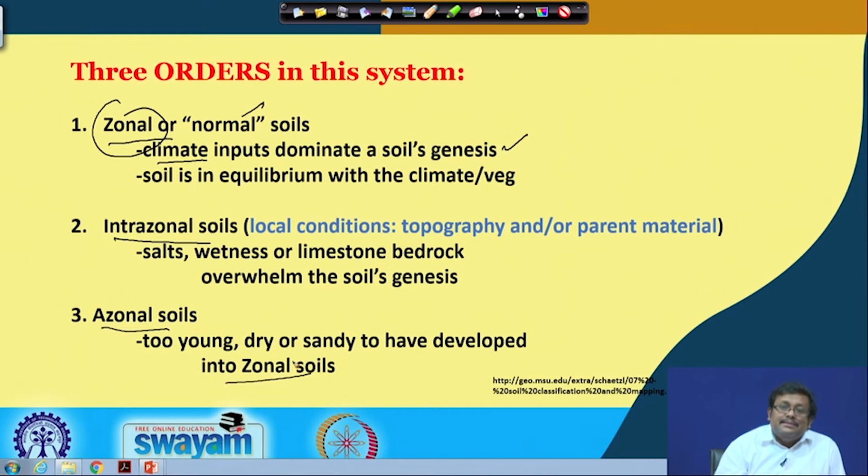So, these are basically similar to the earlier abnormal soils given by Dokuchev. And finally, intrazonal soils, which are intermediate between zonal soils and azonal soils. These soils show the impact of local conditions like topography and parent material, and in these soils salts, wetness and limestone bedrocks overwhelm the soil genesis. So, these are the three major classes given by Baldwin and his associates.